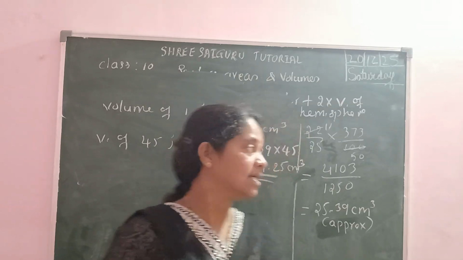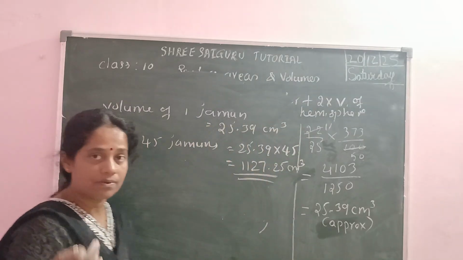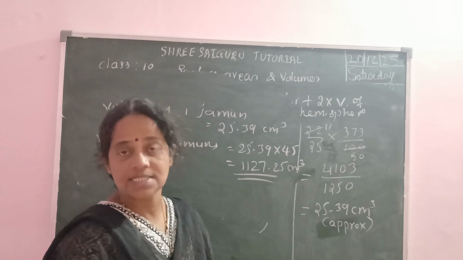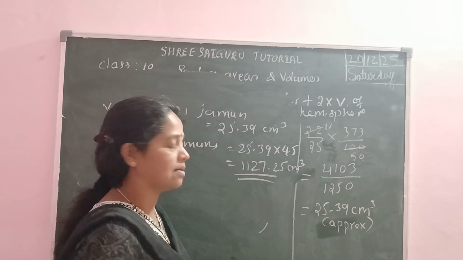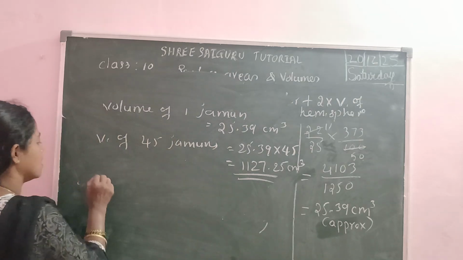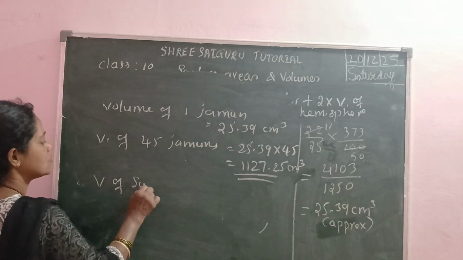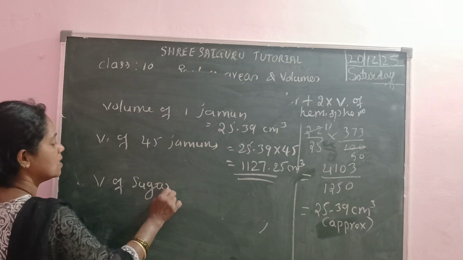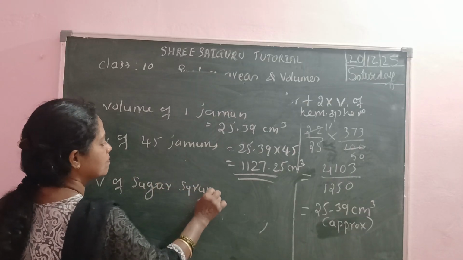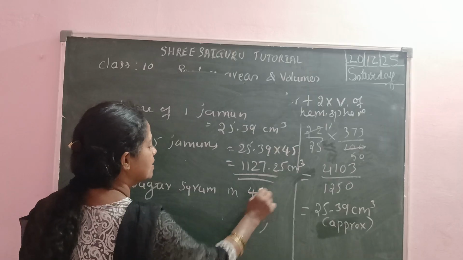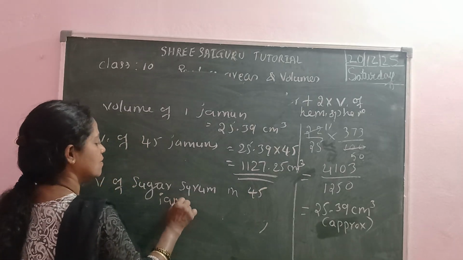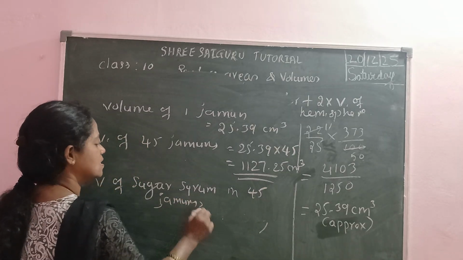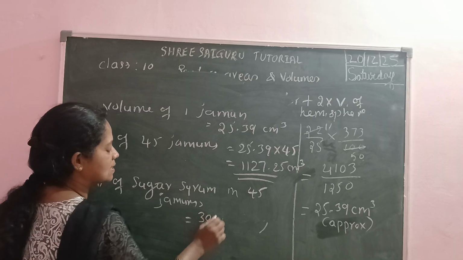Then finally, let us calculate the volume of the sugar syrup contained in the jamuns. Okay, fine. The volume of sugar syrup in 45 jamuns is equal to 30%.